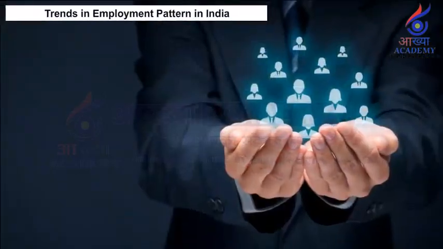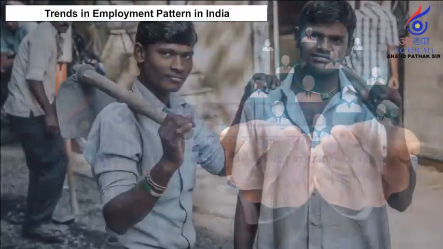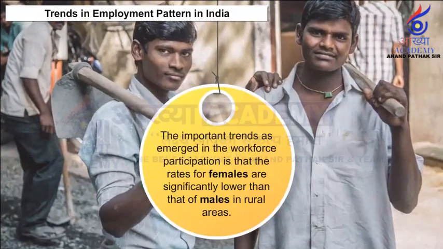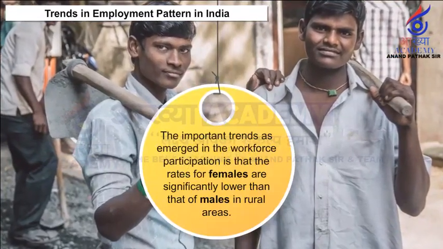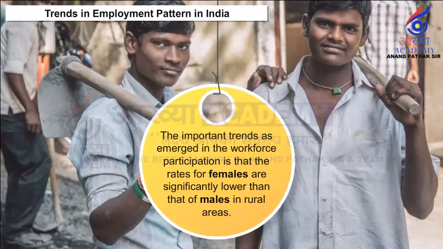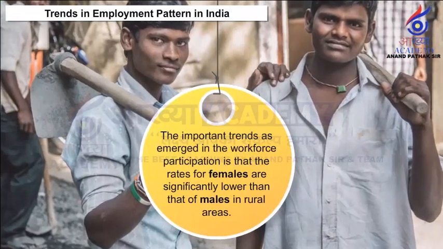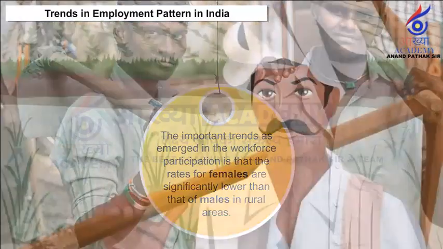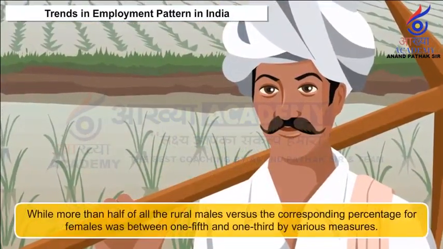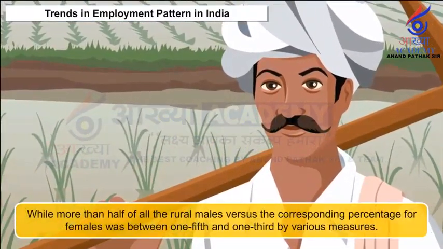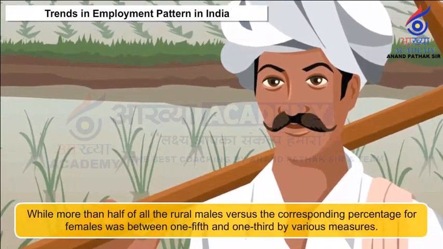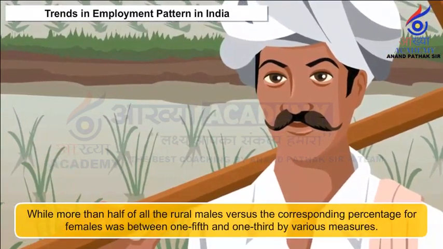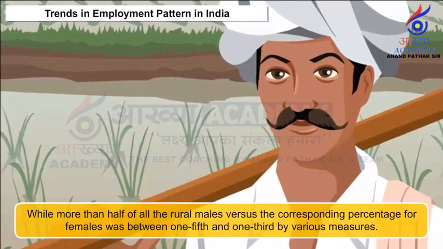Trends in employment pattern in India. The important trend that emerged in workforce participation is that the rates for females are significantly lower than those of males in rural areas, while more than half of all rural males participate, versus the corresponding percentage for females being between 1/5 and 1/3 by various measures.